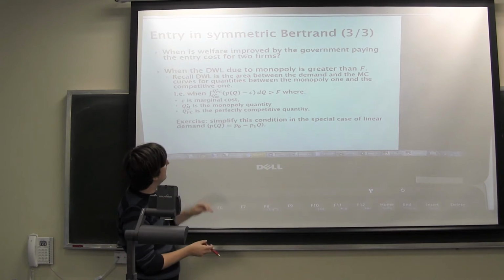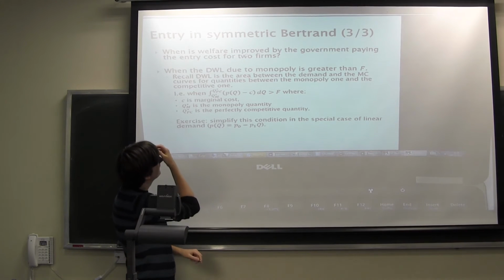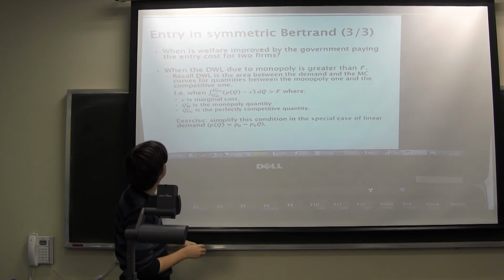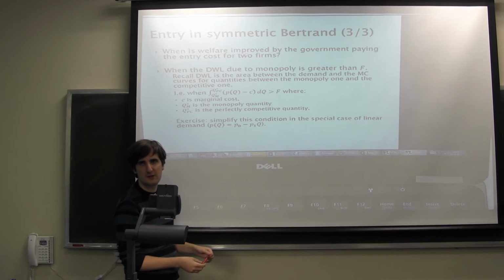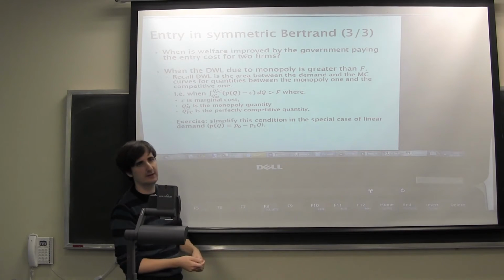And this question was asking you to simplify it when you have linear demand. So we're going to find out what the deadweight loss due to monopoly is with linear demand.